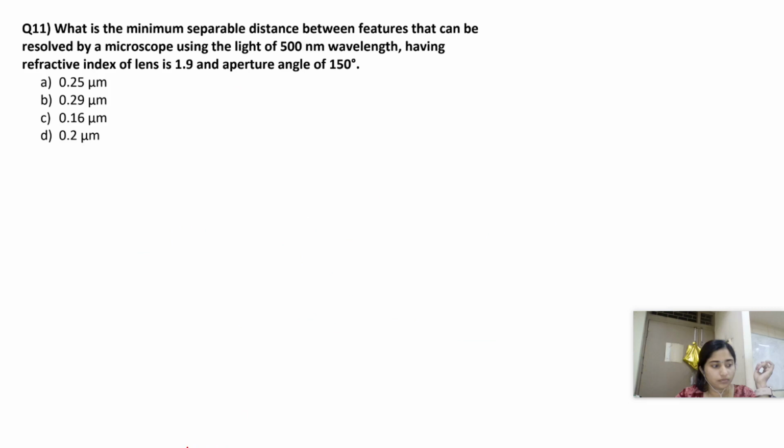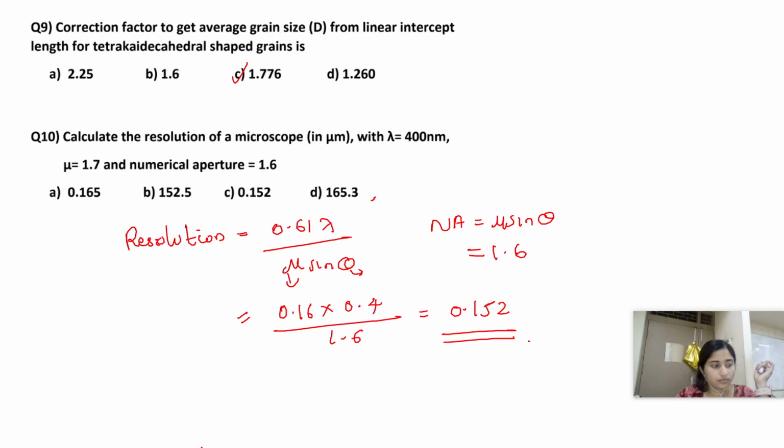Sorry, one thing, just go to the last page, please. This aperture, when you say numerical aperture, will it be like a length? So generally mu sin theta, when we say it, what is the unit? Normally it will be in length units? No, no length unit. Both don't have units, so it's like 1.6, an arbitrary unit we are taking for numerical aperture.